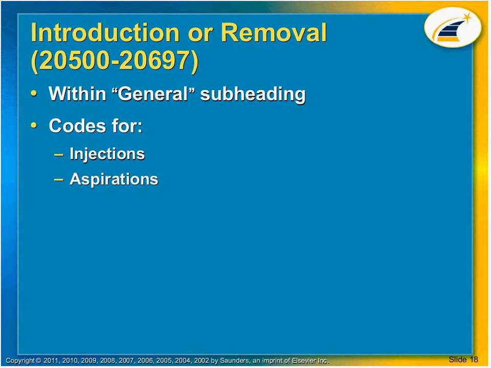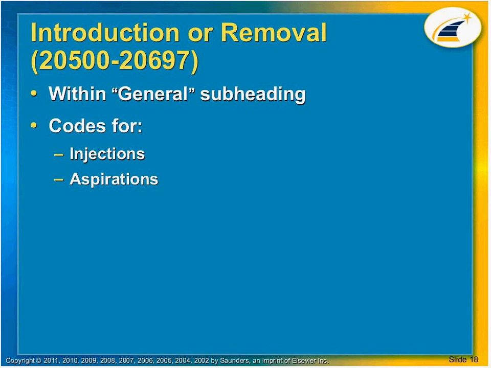It's an arthrocentesis, an amniocentesis, or just an aspiration. In the heading or the subheading for introduction or removal, you would put in parentheses the alternate terms here: injection, aspiration, sometimes centesis.